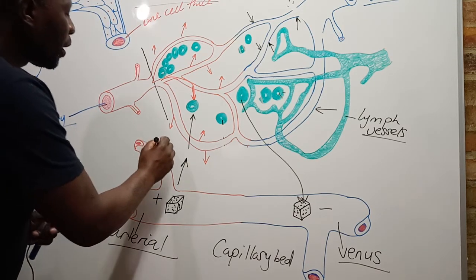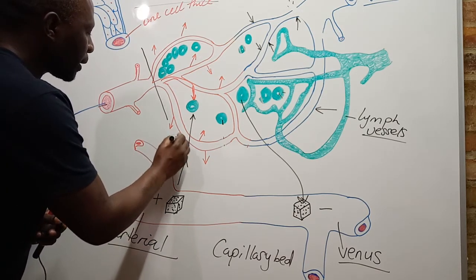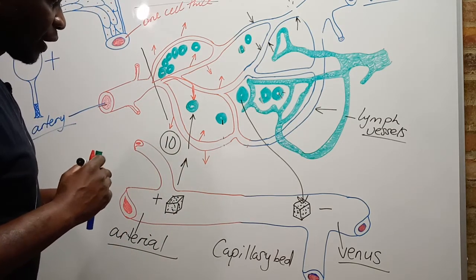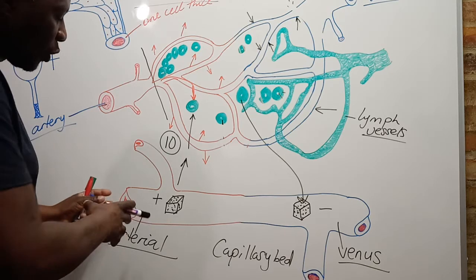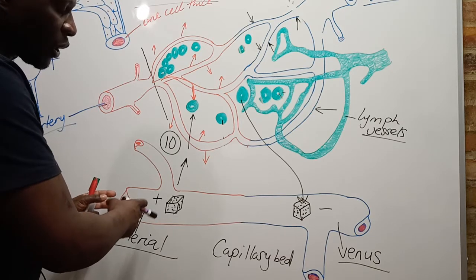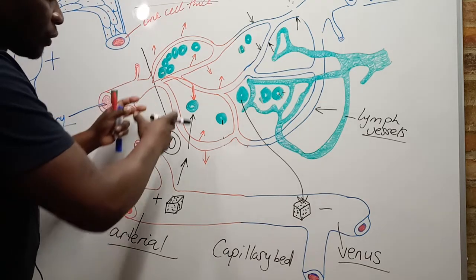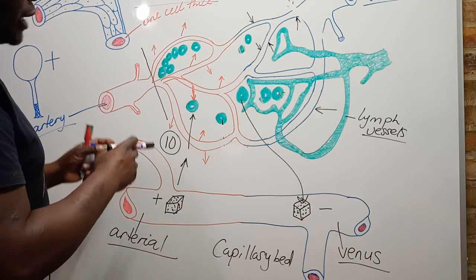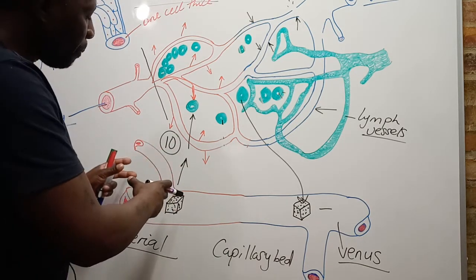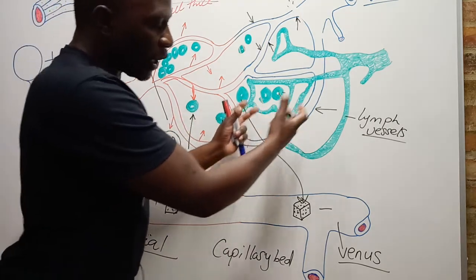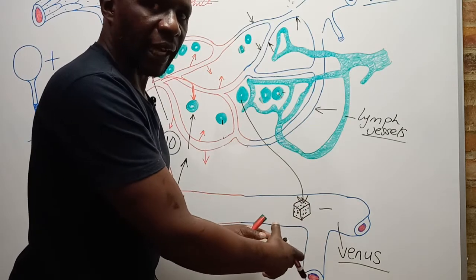But however, what is important here is to discuss this scenario. Let us say we have got 10 particles of fluid that has been lost from the arterial side, or rather that has been offloaded to the body cells. It's not the same number of the particles that have been offloaded that comes into the venous side.